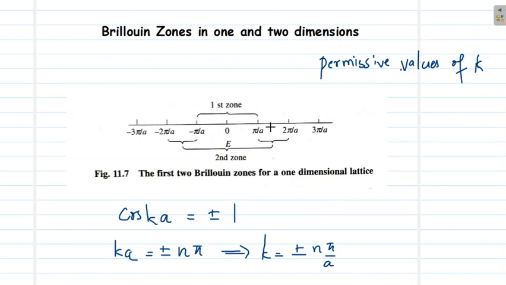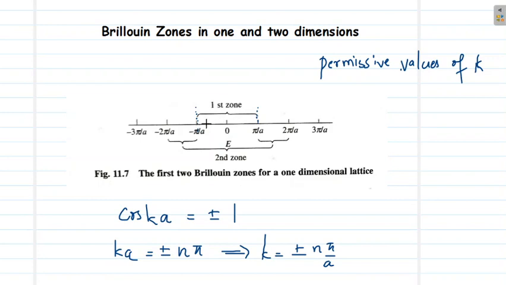Similarly, if you look at the different K values plotted here, you can see the K values are permitted in the range minus pi by a to plus pi by a, and at these values of K, minus pi by a and plus pi by a, the first boundary is seen.